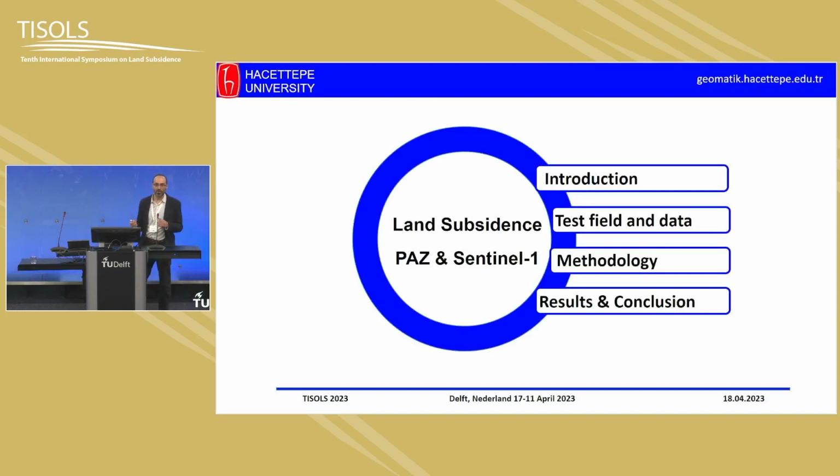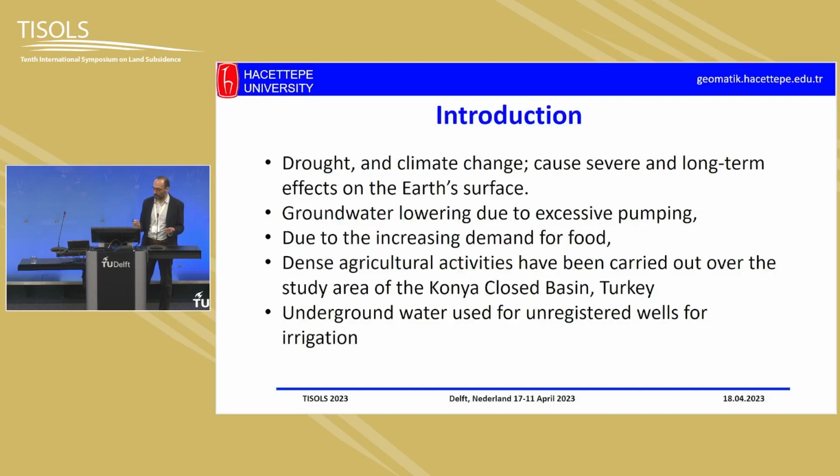So I'm going to start with the motivation of this study and introduce some of the problems of the area. I'm going to give the details about the test field, the data we used, the methodology, and I'm going to finish with the results and conclusion.